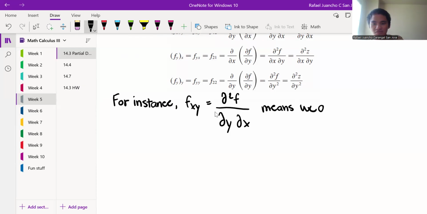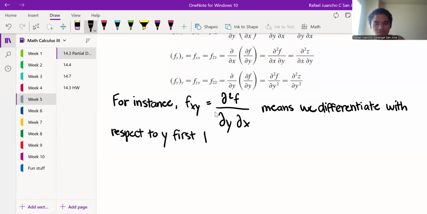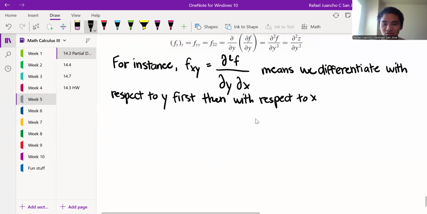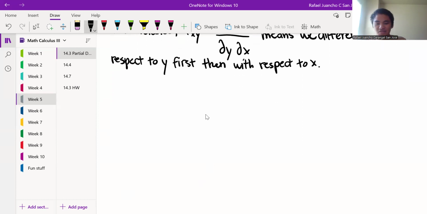Means we differentiate with respect to y first, then with respect to x. I'm going to show an example of that. But it's really just the same process that we've been doing before, but we're just doing it twice. That's all it is. It's really that simple.